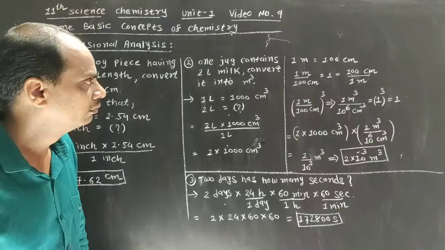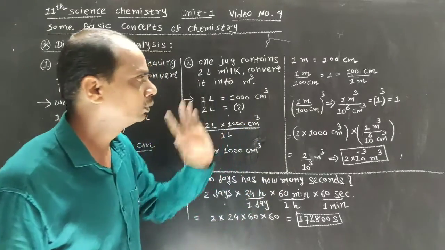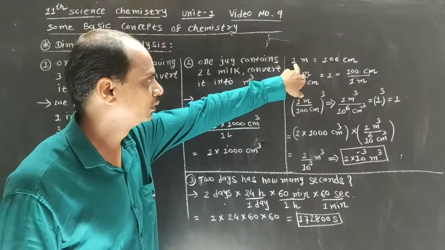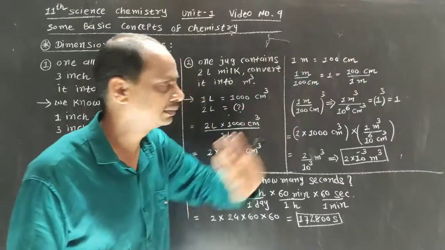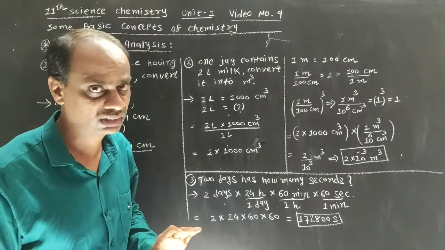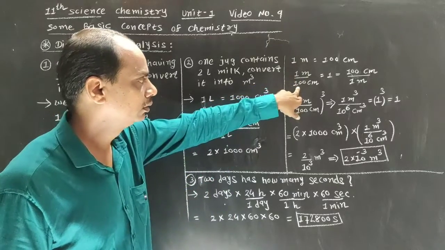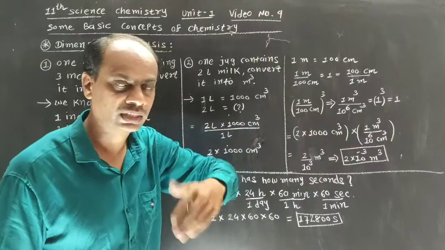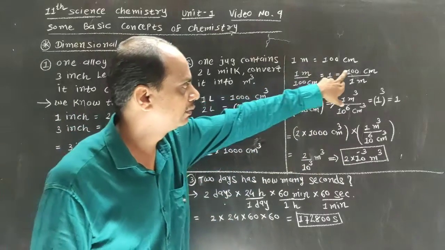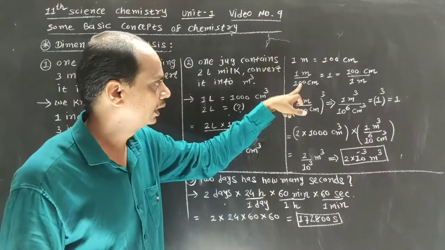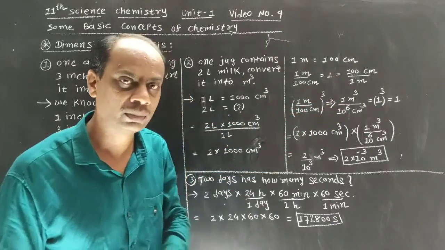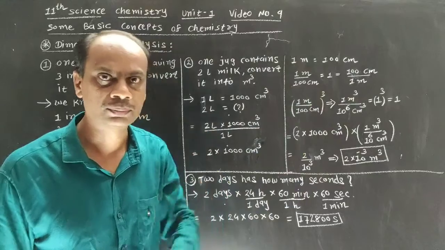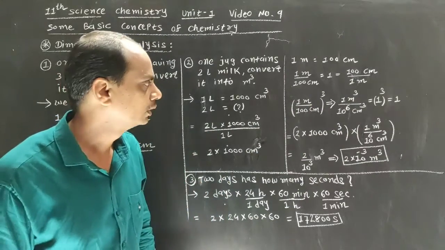But here we would like to convert it into meter cube. So we have to know one relation: 1 meter is equal to 100 centimeter. What does it mean? 1 meter over 100 centimeter is equal to 1, because 1 meter is equal to 100 centimeter and 100 centimeter is equal to 1 meter. Both have the answer 1, the same.